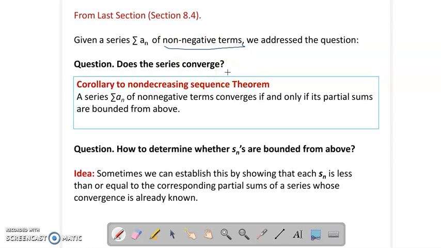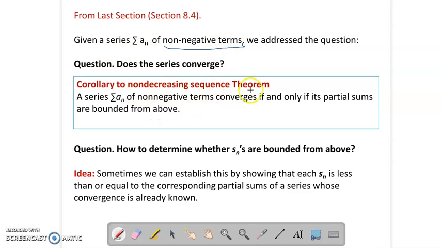We addressed this issue: if you have a series of non-negative terms, then its partial sums will form a non-decreasing sequence, and if that is bounded from above, then we can conclude convergence, right? So this was the question: given a series of non-negative terms, does the series converge?